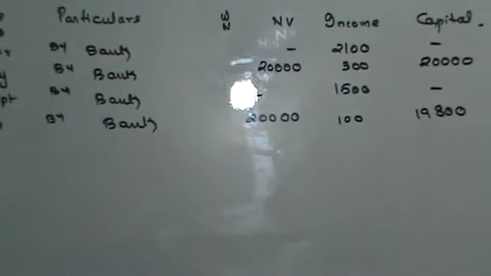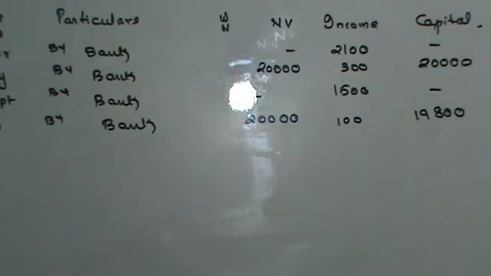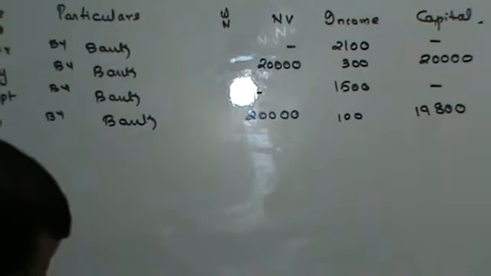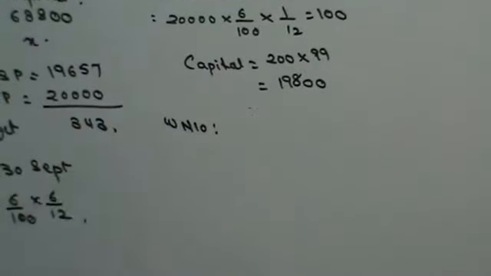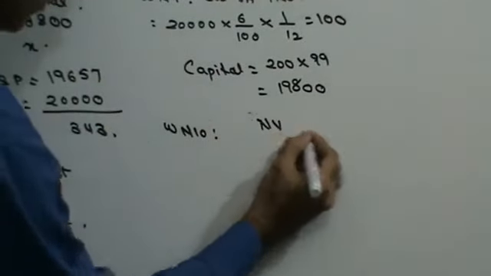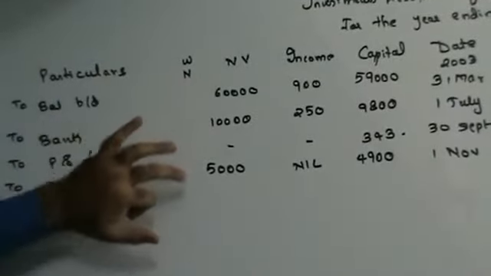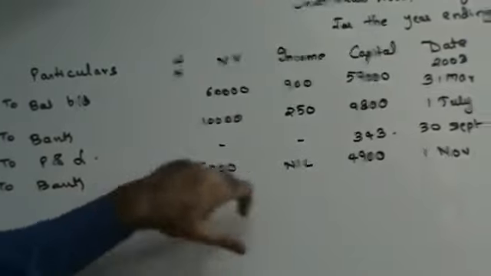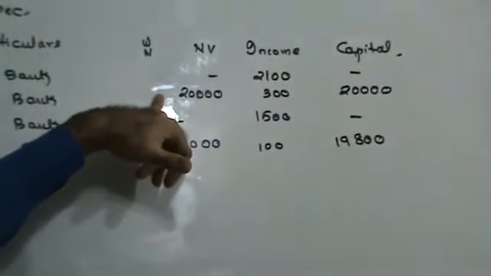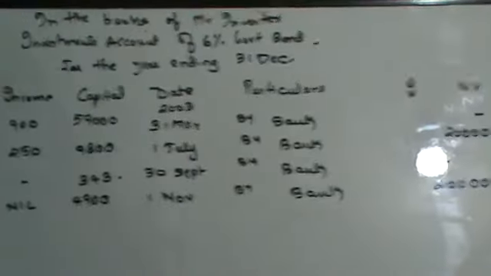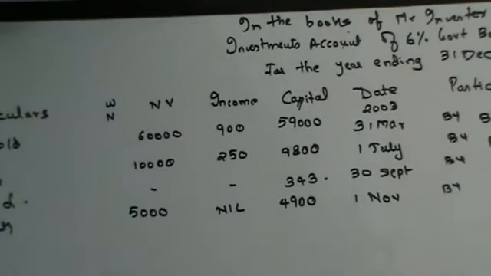Now, let's see this. You need to calculate the profit when you sell. Let's calculate the profit. Working note 10. Nominal value, capital value. Nominal value 75,000 you had purchased, out of which 20,000 you had sold. So that means you have 55,000 as on 1st November. You have to consider all the transactions prior to the date of sale.